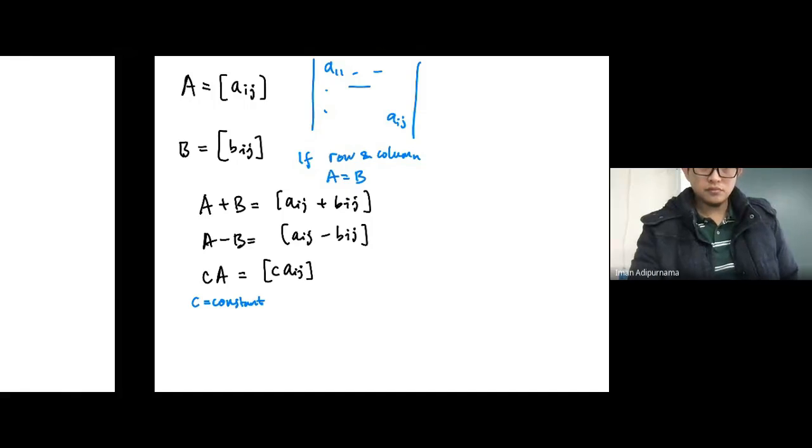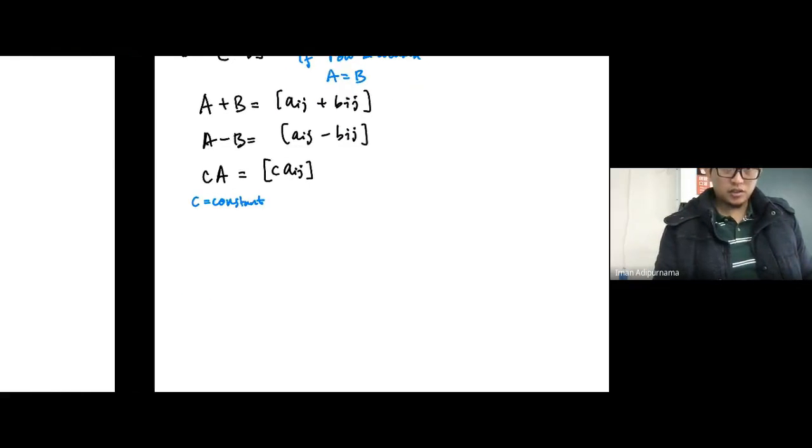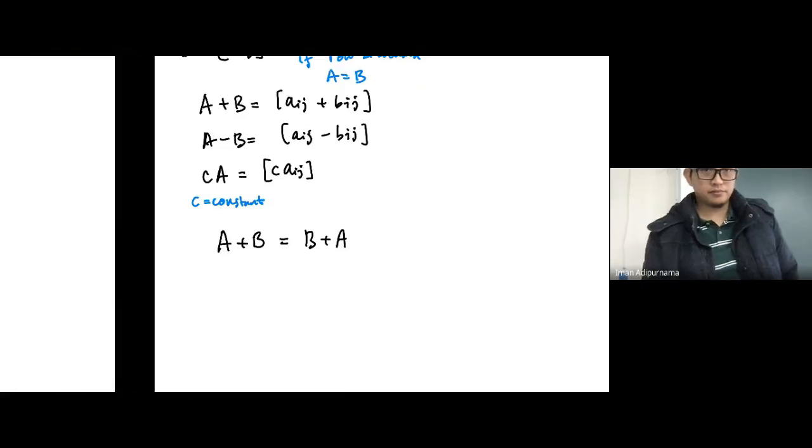And some properties. A plus B is the same as B plus A in matrices.